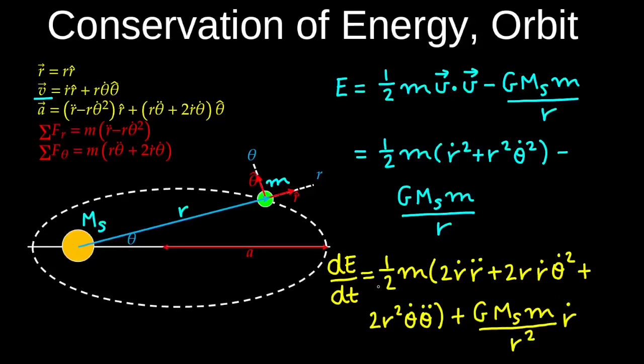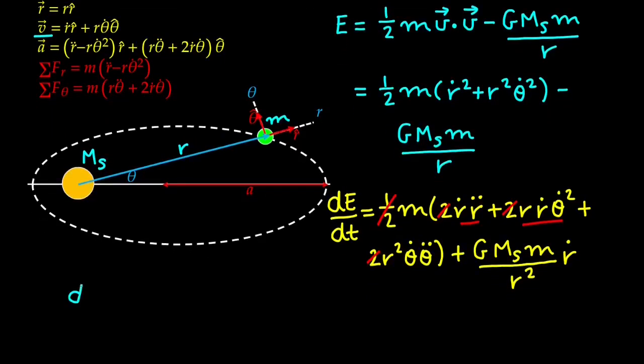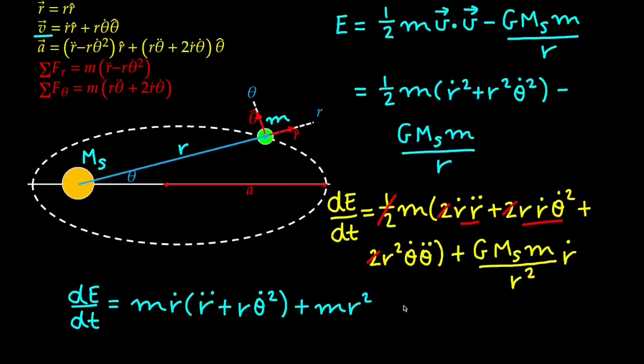And then we can cancel out the 2's, and then group the first two terms together, while factoring out the radial velocity. And then using the acceleration as a guide, we can rewrite this term as follows.